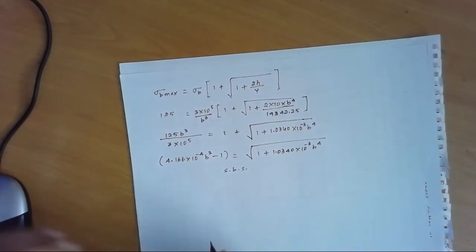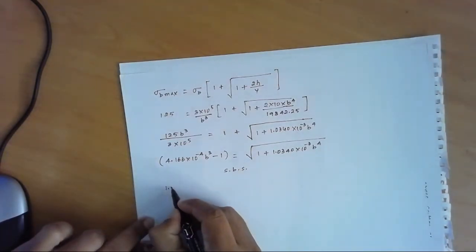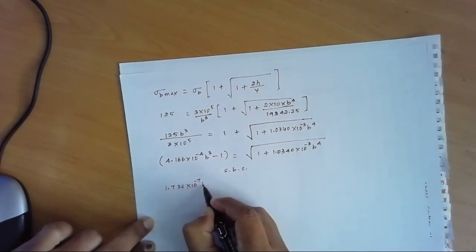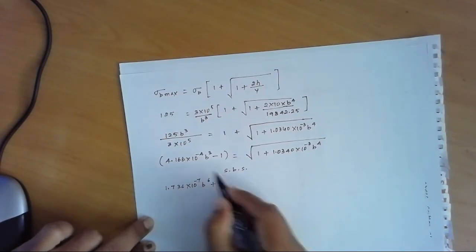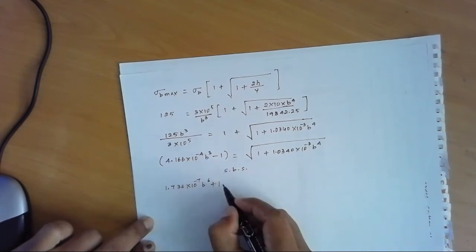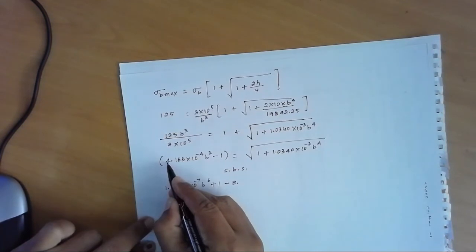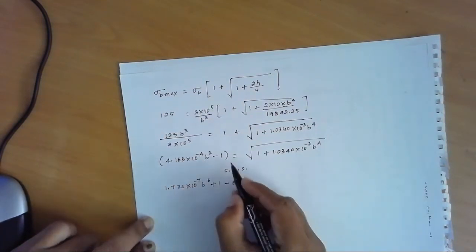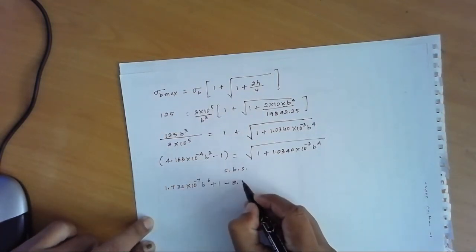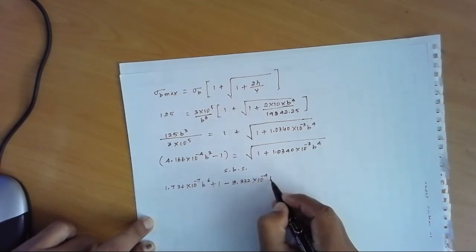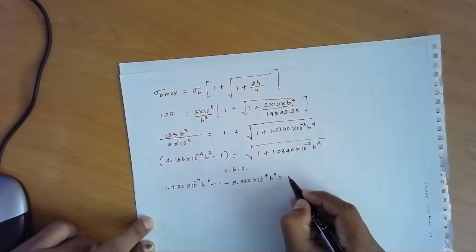We can write this as 1.736 into 10 power minus 7 B to the power of 6 plus 1, so A square plus B square minus 2AB, that will be 2 into 4.166 into 10 power minus 4, so that is 8.332 into 10 power minus 4 B cube is equal to 1.